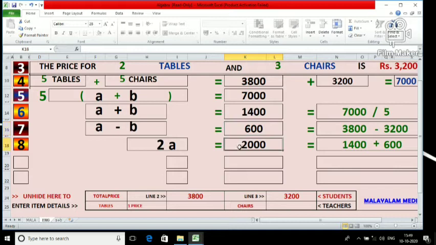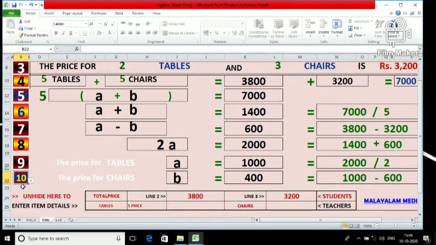Together 2,000 rupees for 2 tables. Then how much is the cost for 1 table? That is, we can see 2,000 divided by 2 is equal to 1,000. Then what will be the cost of a chair? A chair costs 400 rupees.